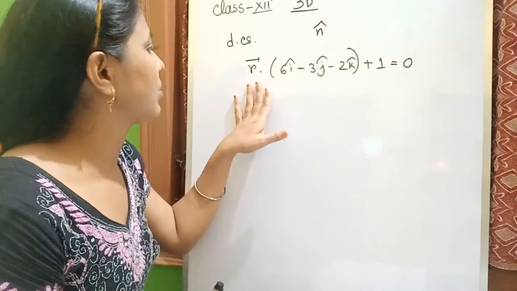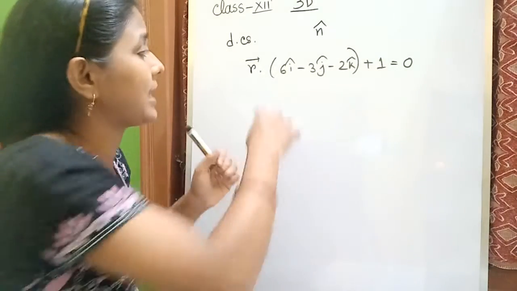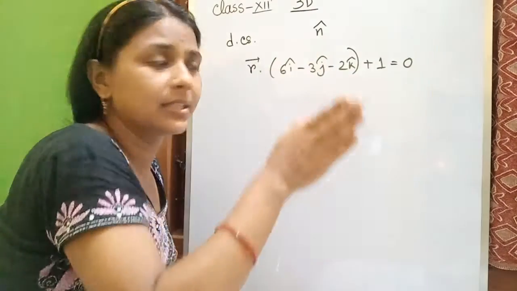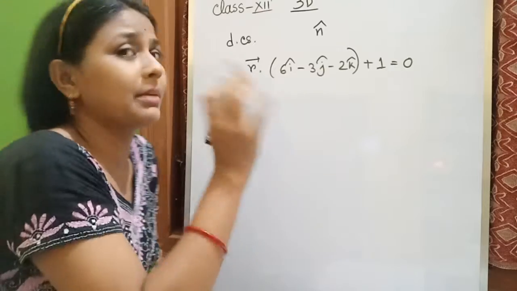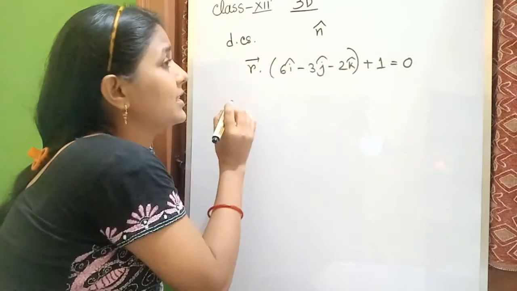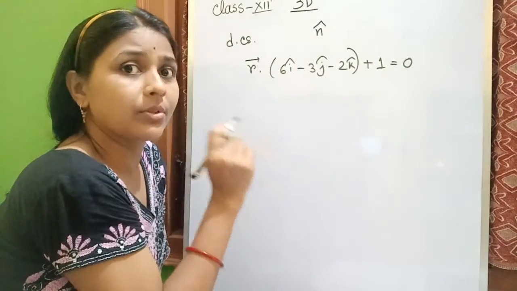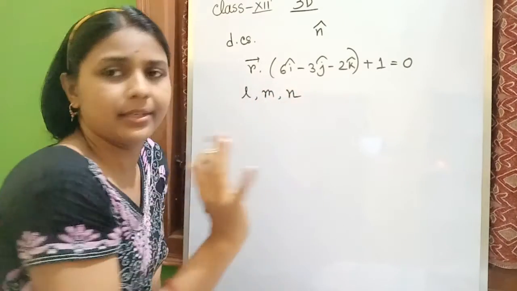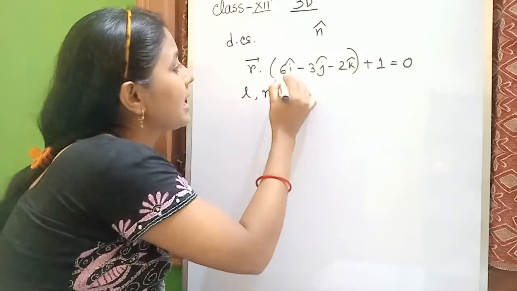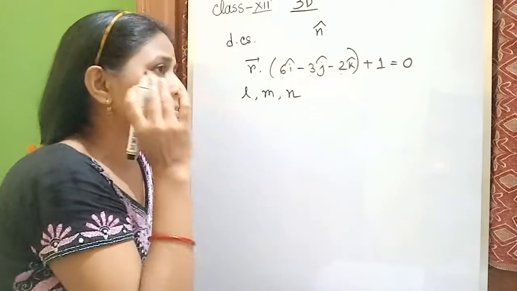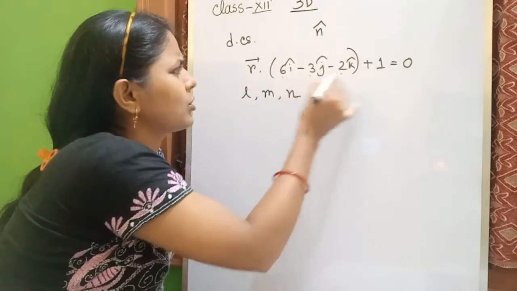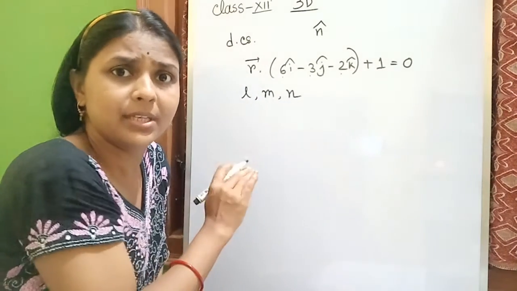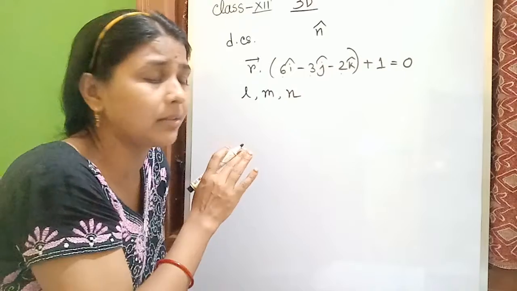Obviously, the whole plane is not passing through the origin. It is the unit vector that passes through the origin. Okay, that means the ON vector. So direction cosines we have to find out. That means we have to find l, m and n. Now look, in your head it may be coming like this, that this is also in the form of li plus mj plus nk, like we just completed.